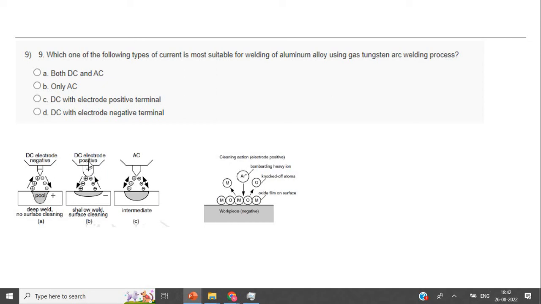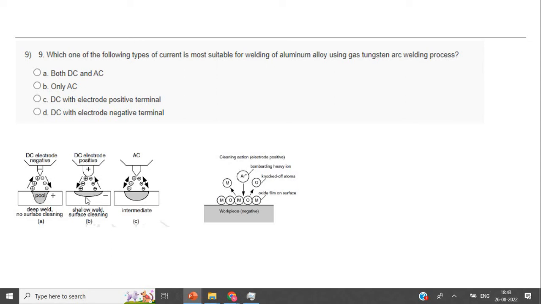But the other important point is that the work function of the aluminum oxide that forms is very low compared to the metal. Work function, as I said, is the minimum energy required to release an electron from the surface of the metal. Since the work function is very low, and in DCEP or in AC the base plate will be negative, electrons will flow from the base plate to the electrode. Because the work function of the aluminum oxide is very low, electrons from the aluminum oxide will be released.